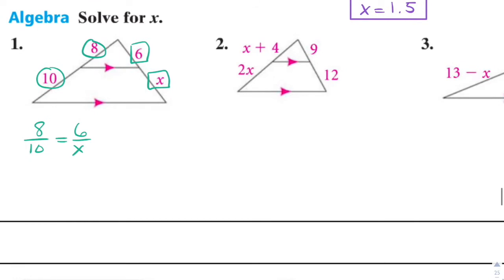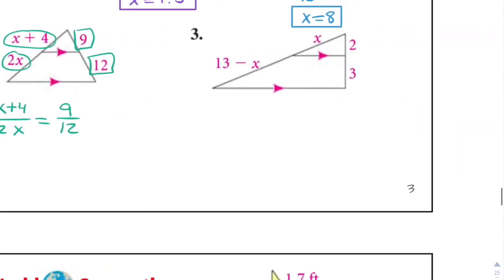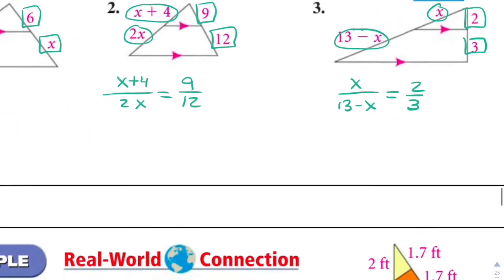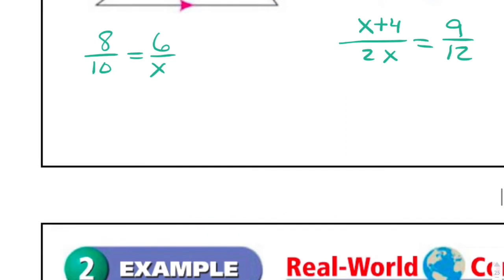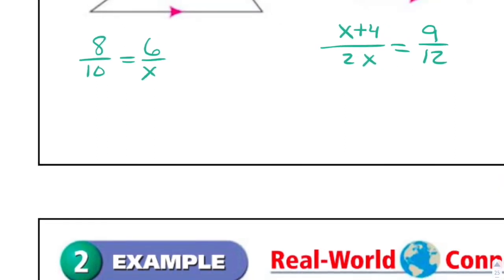This one is x plus 4 over 2x equals 9 over 12. This one is x over 13 minus x equals 2 over 3. I set them up quickly. I'll solve them quickly as well. Feel free to pause if you need to.